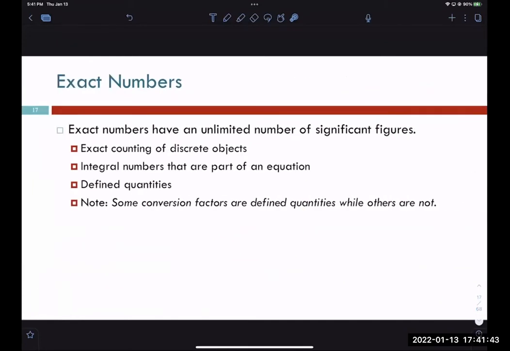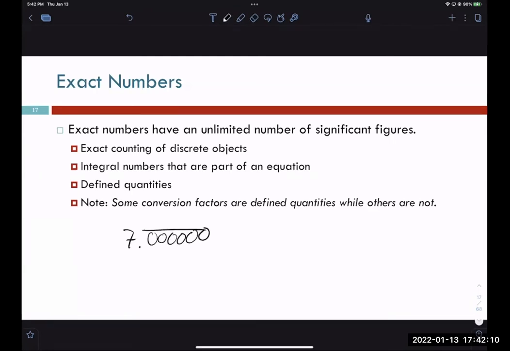So we talked a little bit about exact numbers before, or discrete numbers. If we're counting a number of pennies, pencils, or people, those are all exact numbers, and they have an unlimited number of significant figures. Because say for the pennies example, that's 7 point, right, goes on to infinity.